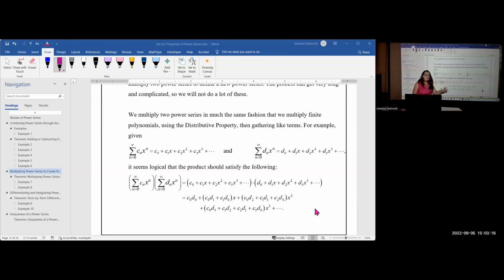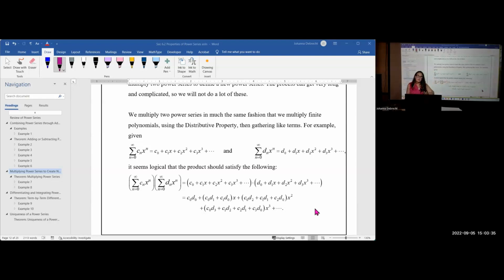So one of those two will give me terms that both have the factor x to the first. So I can represent that here as c sub 0 times d1, that one times the second term over there, and then the first term over there times the second term over here, c1 d0.